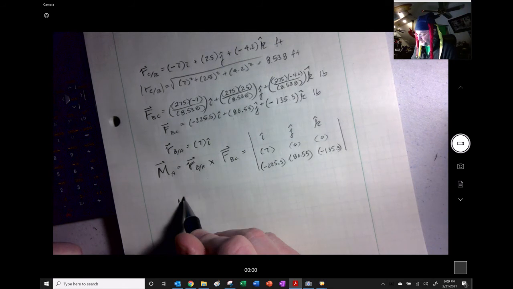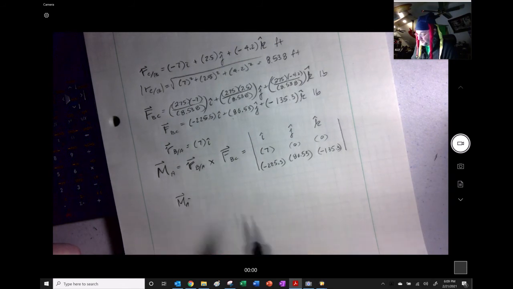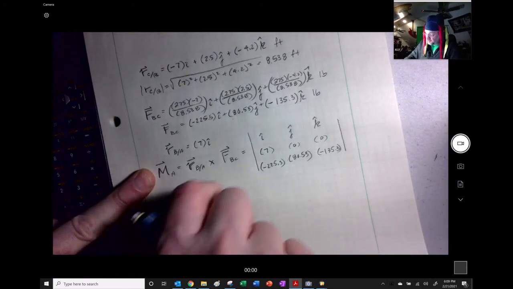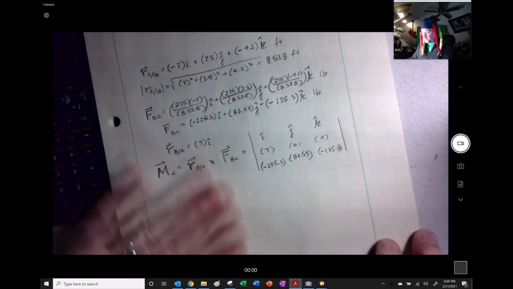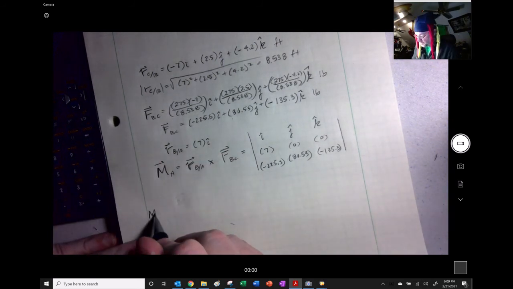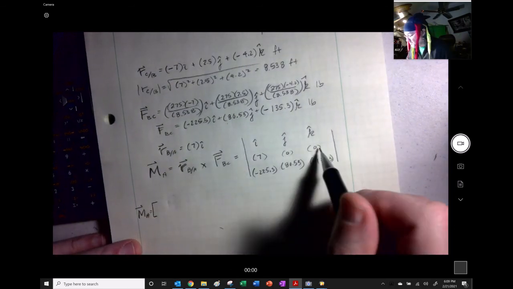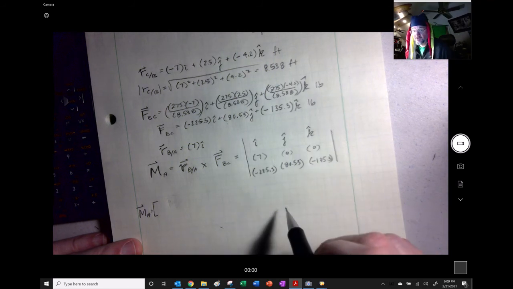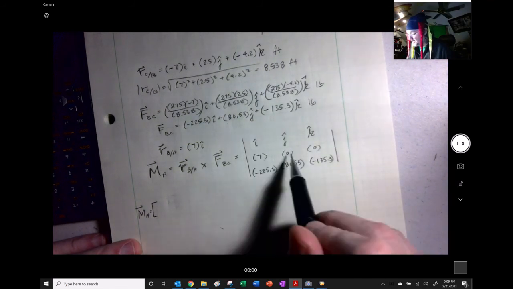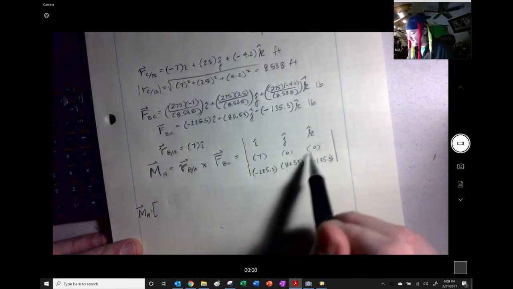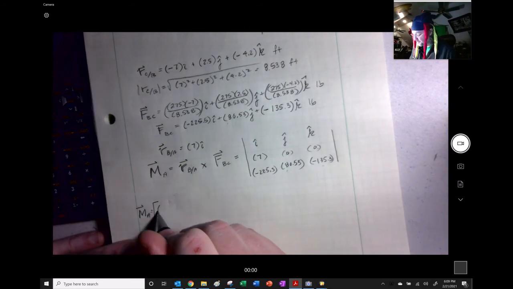So let me give myself some space here, because this always takes up some room. So M_A. All right, so when we go to this one, we can actually see this one's going to be 0 already, right? Because we're going to take this and those things crossed each other. It's going to be 0.